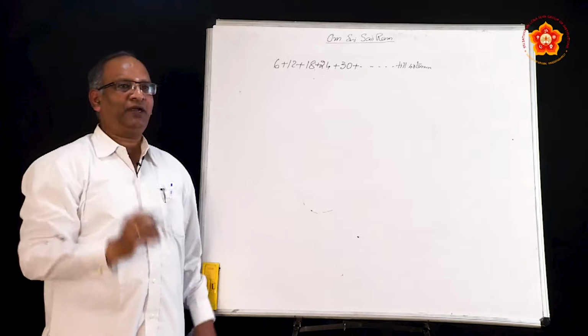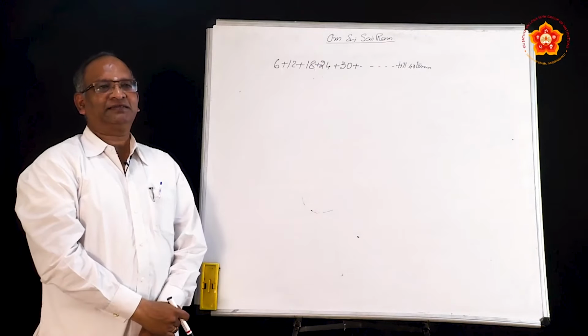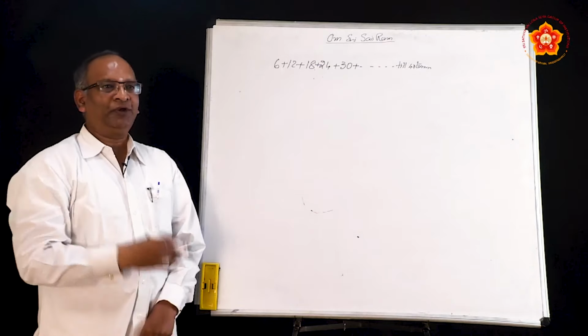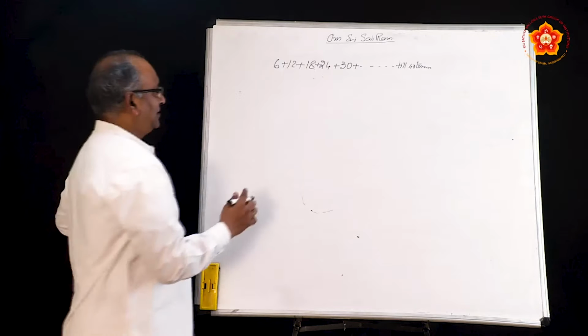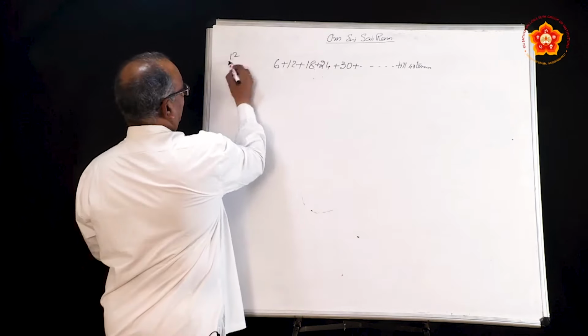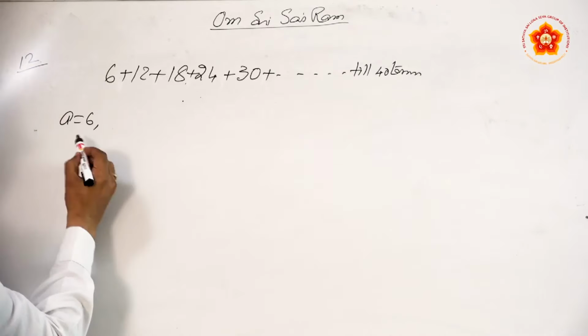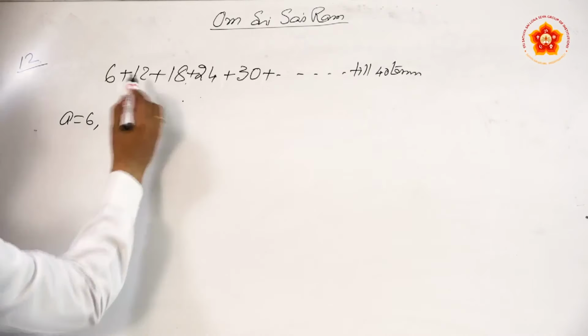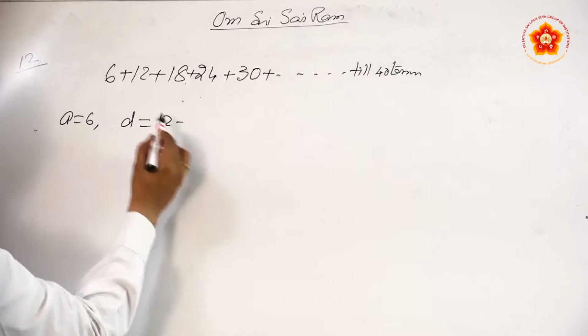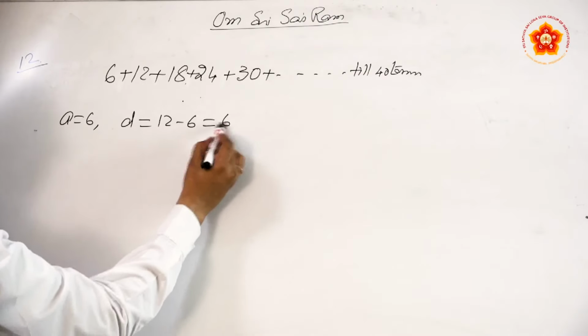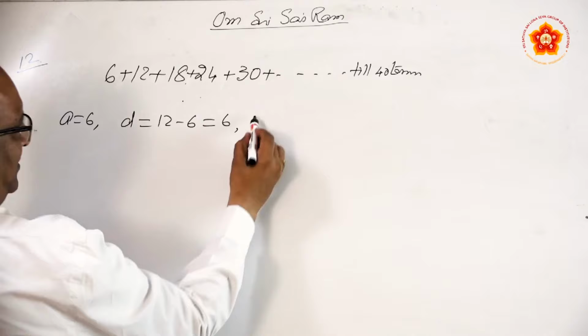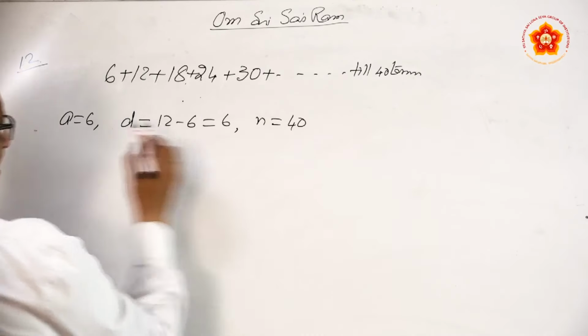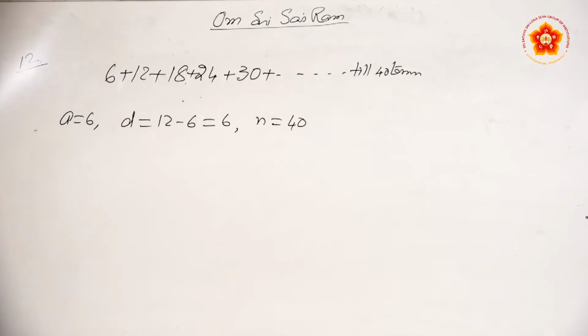The greatest advantage whenever the sequence is given is, you will know the first term of the sequence. So, here we say a is equal to 6 and d also happens to be 6 because a2 minus a1 gives you 6. Number of terms is 40. If we know a, d and n, we can easily find the sum of 40 terms. What is the formula?